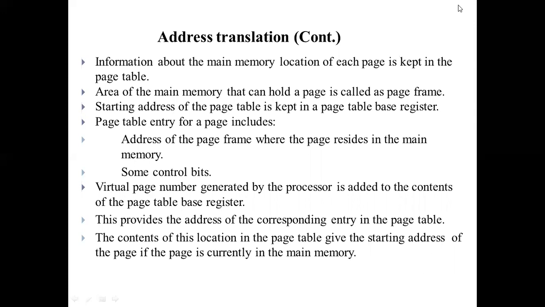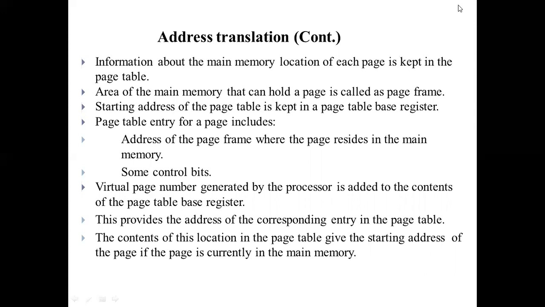The main memory will be divided into equal size frames, and the program will be divided into equal size clusters, that are called pages. So the table which keeps the information about the location of the page is the page table. Information about the main memory location of each page is kept in the page table.